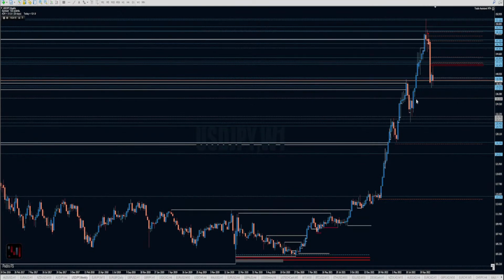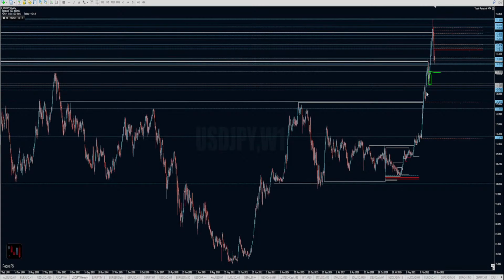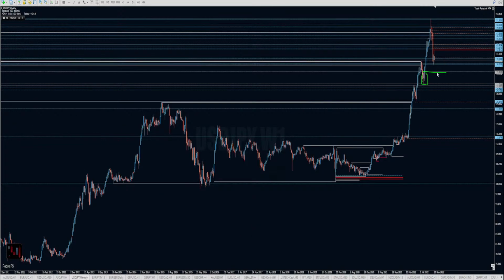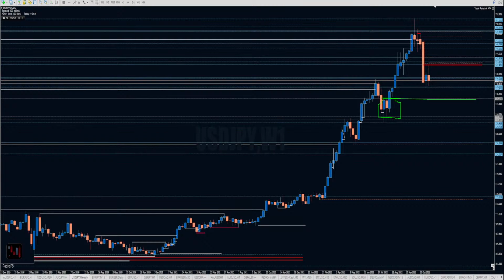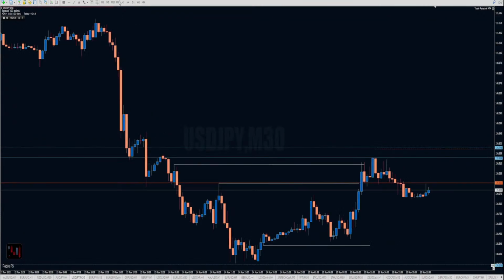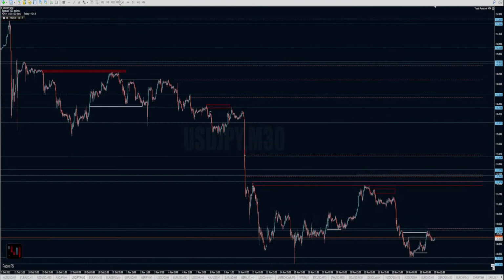Good level. Maybe going a little bit farther down somewhere in here. That can be an option, in alignment with this high. Maybe, or even filling out this range, not going all the way back here. We'll see what's going to happen on the dollar yen.